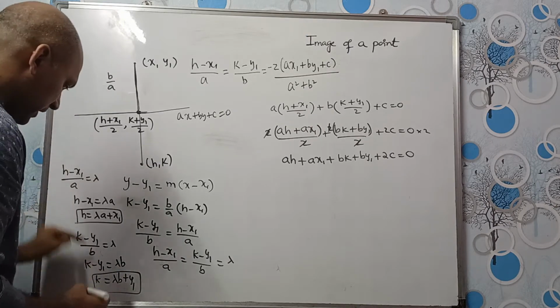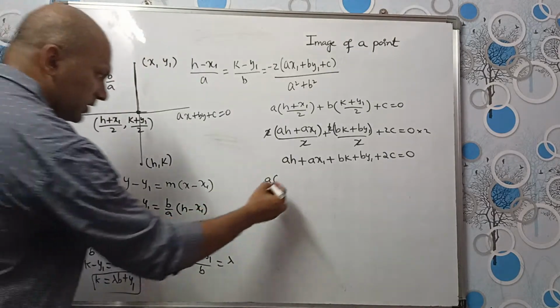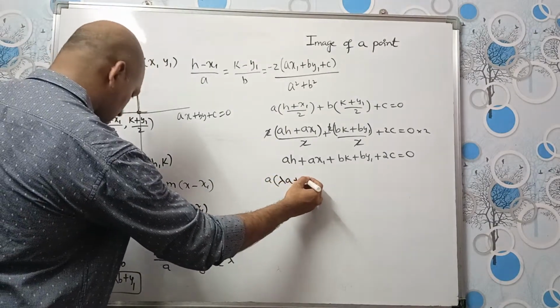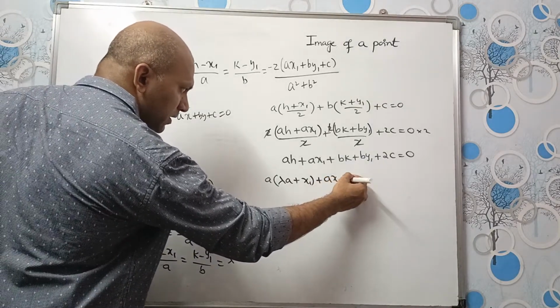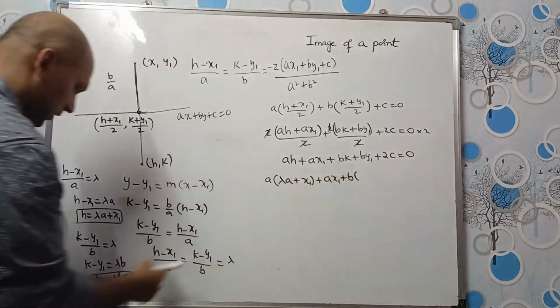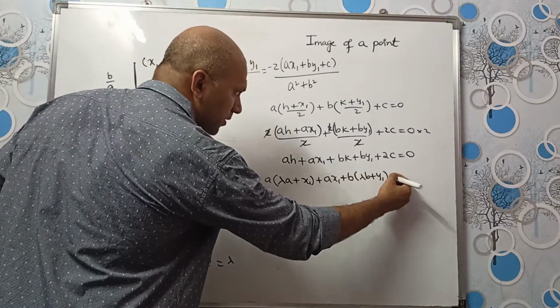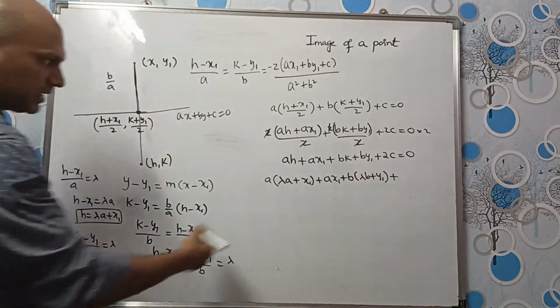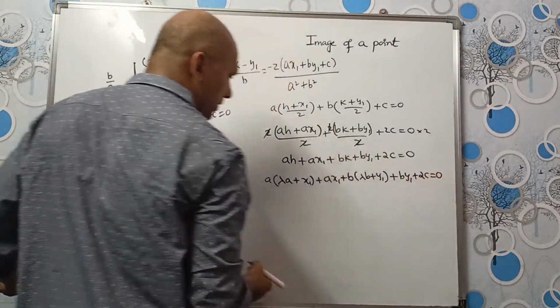Okay, let us substitute this h and k here. So this is a multiplied by h. h is how much? Lambda a plus x1, plus ax1, plus b into k. What is k? Lambda b plus y1. Okay, plus by1 plus 2c is equal to 0.